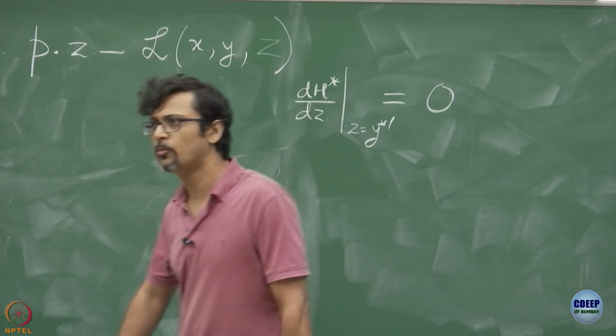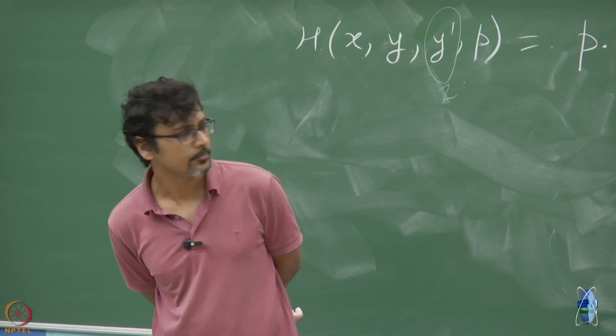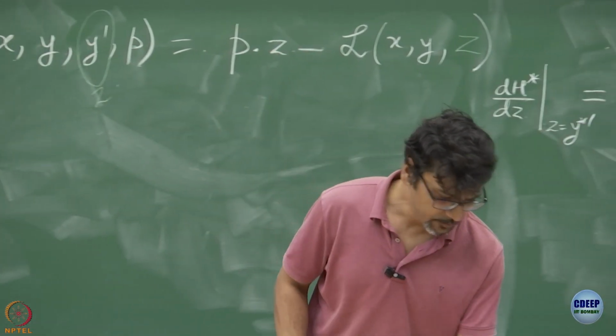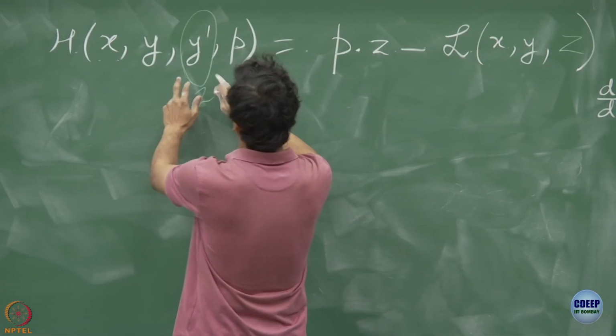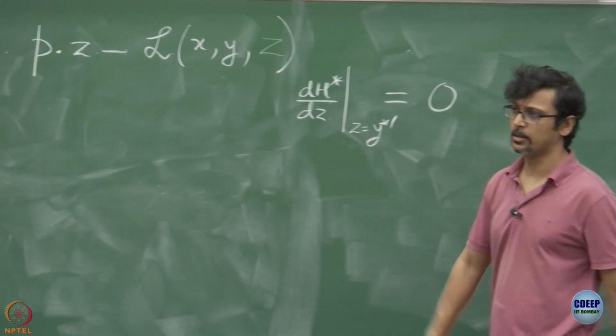From the definition of the momentum itself it was 0, correct? So this told us that if you think of this Hamiltonian as a function of this third argument alone, a stationary point was achieved here.